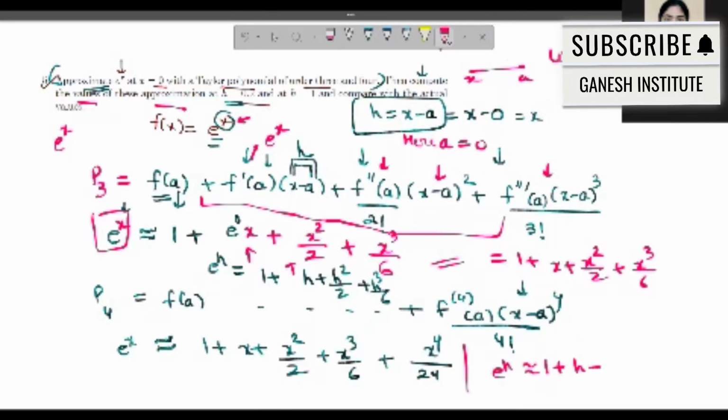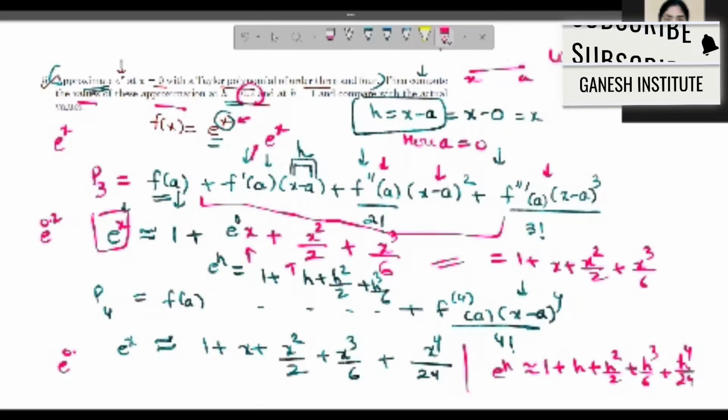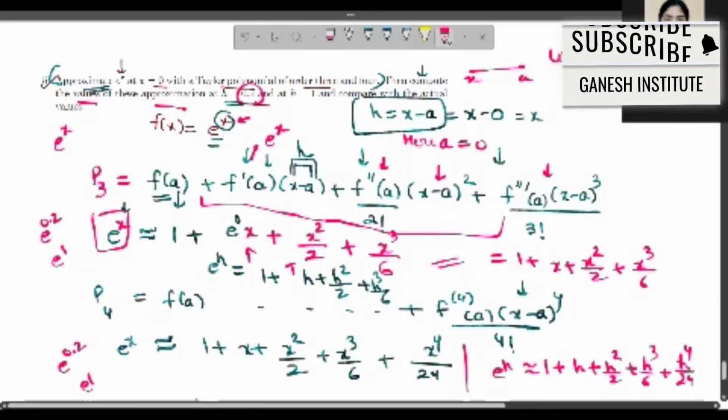Got it, ma'am. And then are we expected to substitute the value? Correct. When you substitute using the calculator, you will get e raised to power 0.2 from here, then e raised to power 0.2 from fourth order, then e raised to power 1 from here, and then e raised to power 1 from the fourth order.